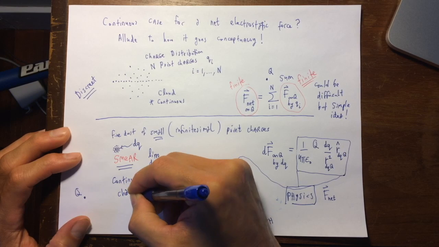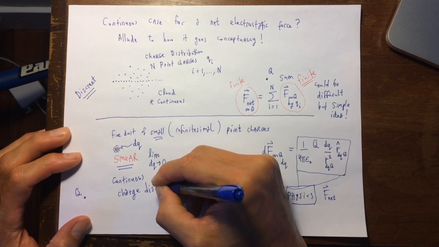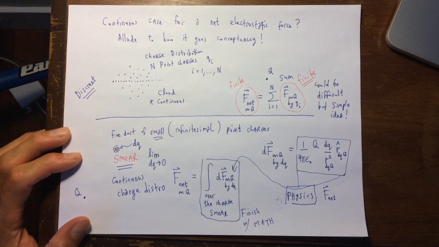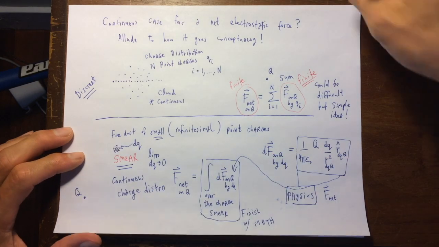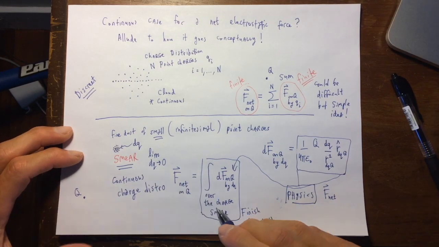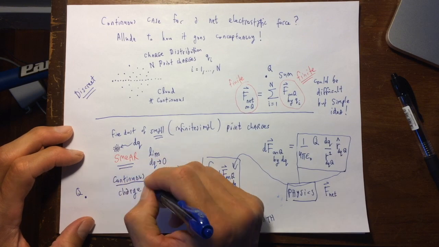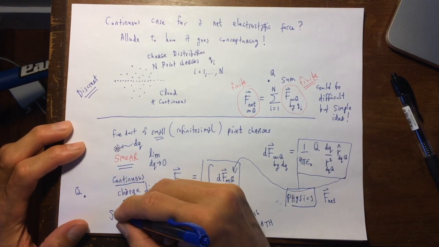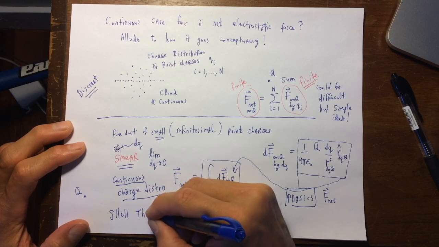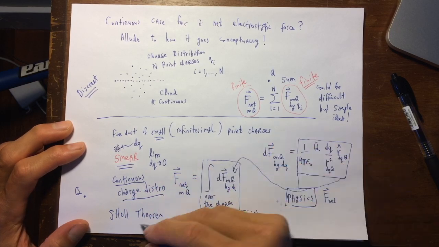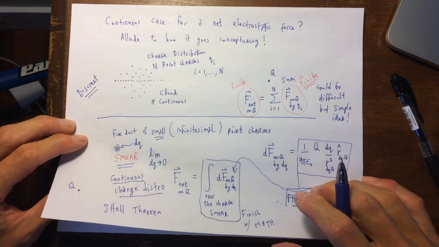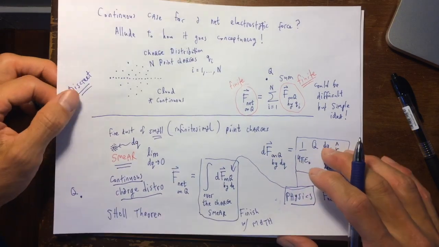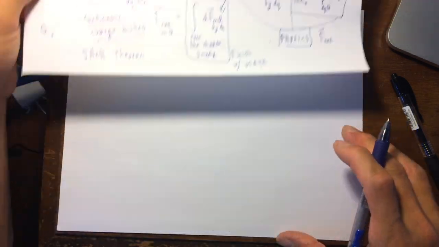Okay, so that's the idea of the smeared out or continuous charge distribution. I'll shorten it to distro. Okay, so this continuous charge distro idea is where the Shell theorem comes from. This is how you would prove what's called the Shell theorem. So let me describe this to you.